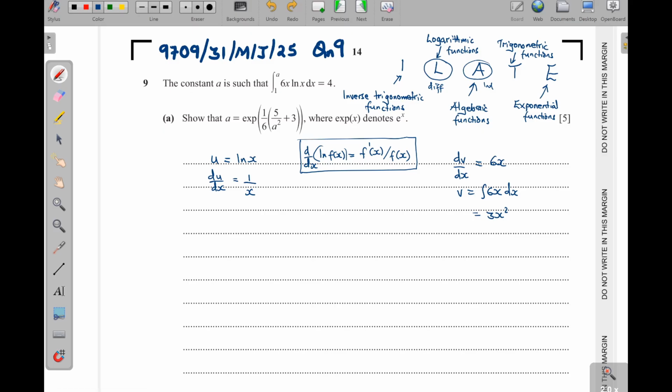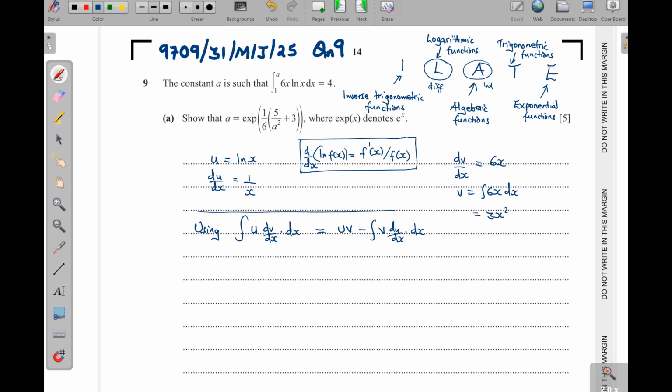So using integration by parts, the integral of u dv dx, even this one is stated in the list of formulae, is equal to uv, then minus the integral of v du dx with respect to x.